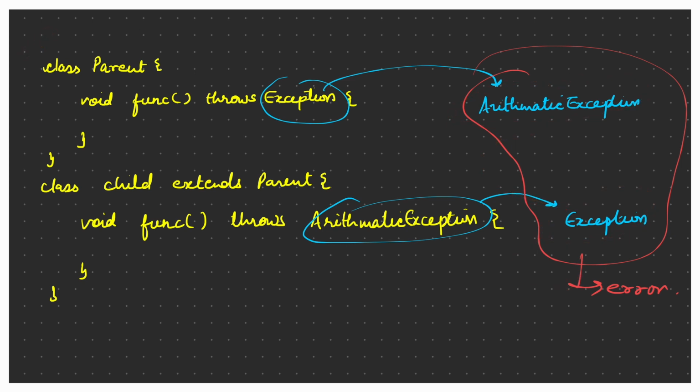This is one of the very important concepts, and if you haven't understood it yet, I would request you to please go through it again. Basically, the concept is very simple. If there is an overridden method, it can only throw the exception which is thrown by the parent class function, or a subclass of that exception.